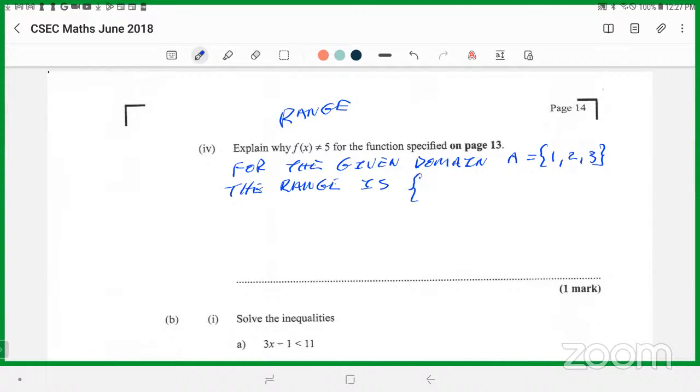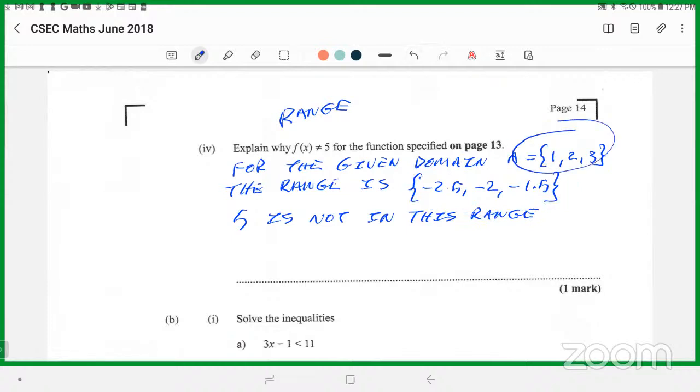What are the range values? Minus 2.5, minus 2, and minus 1.5. 5 is not in this range. Five is not in there.